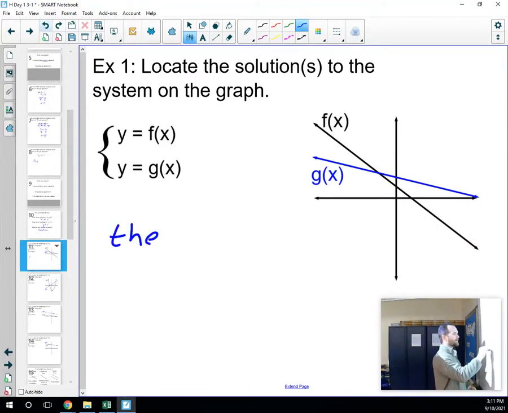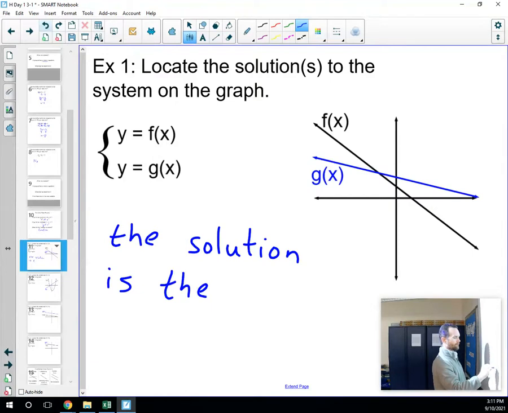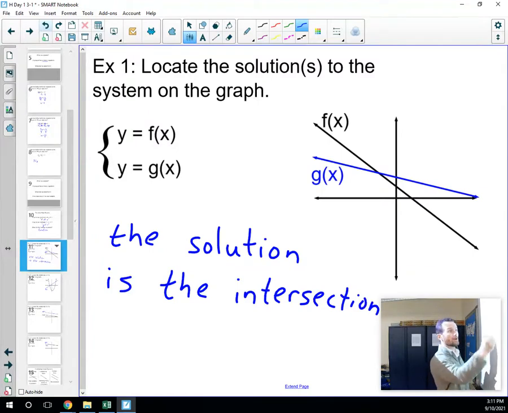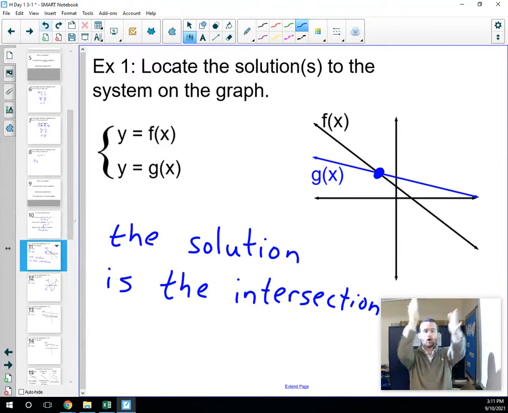That's so important. I'm going to write that down. The solution to a system on a graph is the intersection, or intersections if there is more than one. The solution is the intersection. And if we look here, this point right there is where f of x and g of x cross.